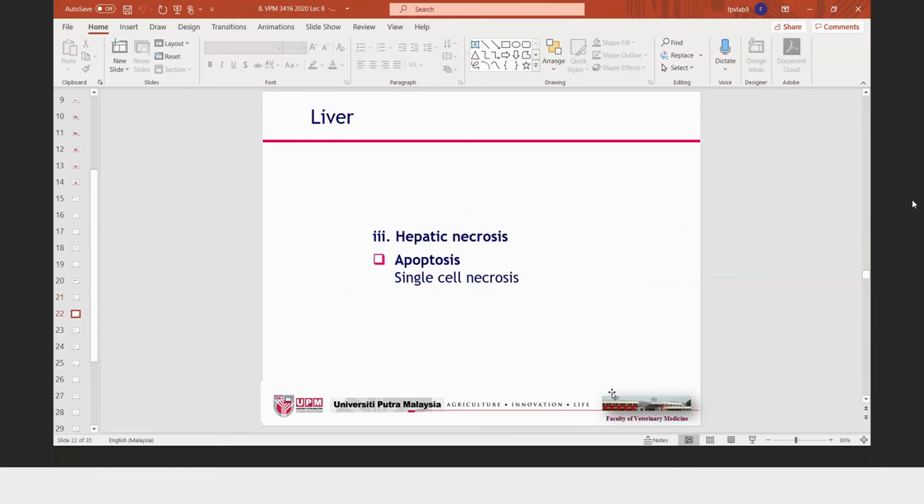Hepatic necrosis. Many people call it apoptosis, but more importantly it is single cell necrosis.